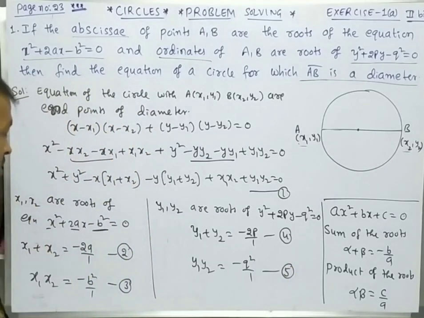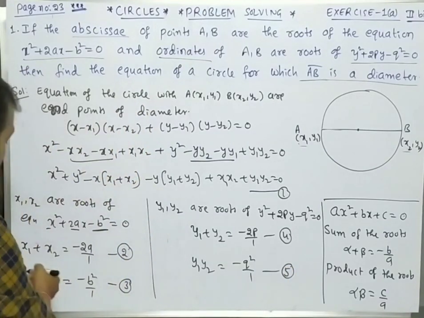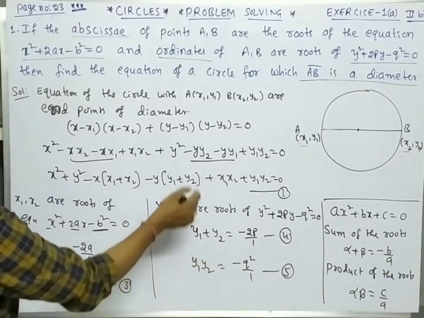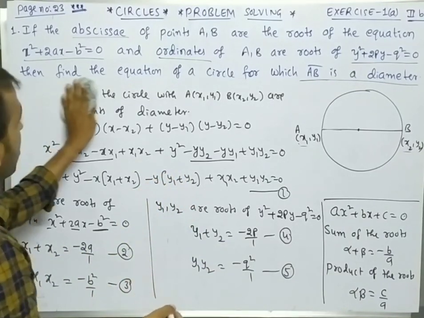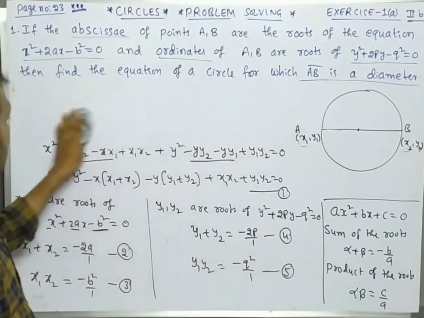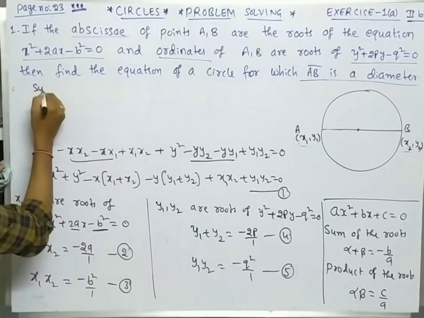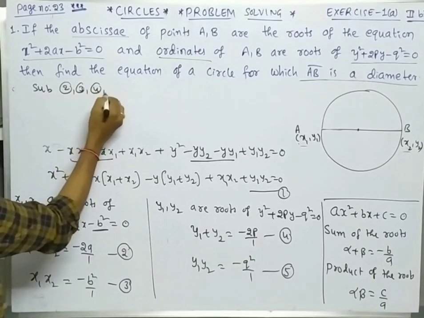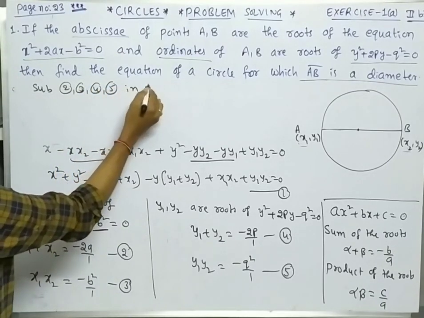Now we have x1 plus x2, x1 x2, y1 plus y2, y1 y2. Substitute 2, 3, 4, 5 in 1.